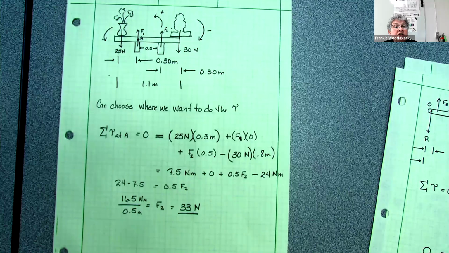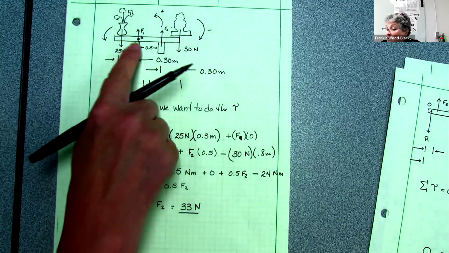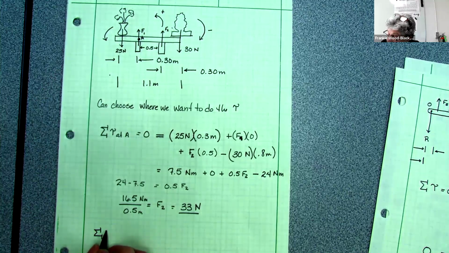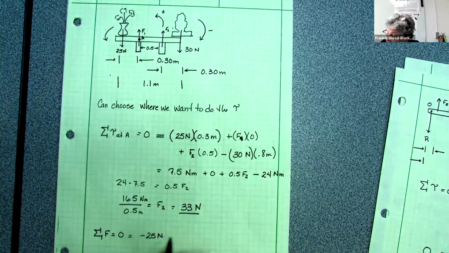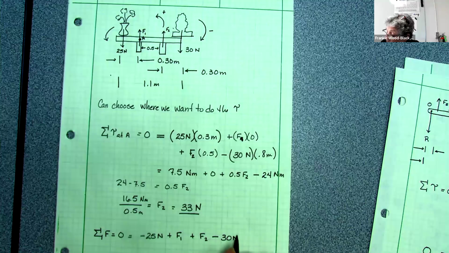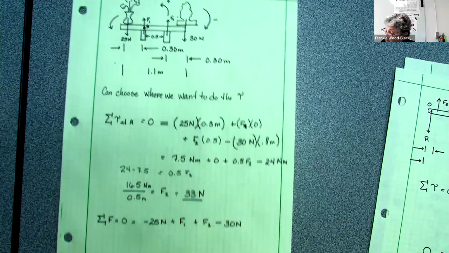Well, now I can do it two ways to solve for force one. If I do the sum of my forces has to equal 0, I've got negative 25 newtons plus F1 plus F2 minus 30 newtons, but I've already figured out what F2 is.